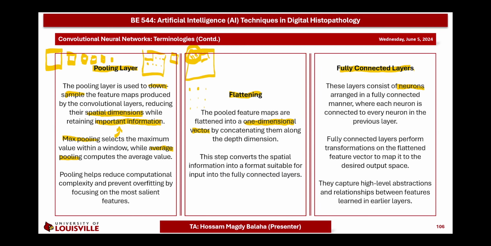The aim of the fully connected layers is to map and apply transformations from the flattened feature map to get the desired output. Fully connected layers, or in short FC layers, capture high-level abstractions and relationships between features learned in the earlier layers.